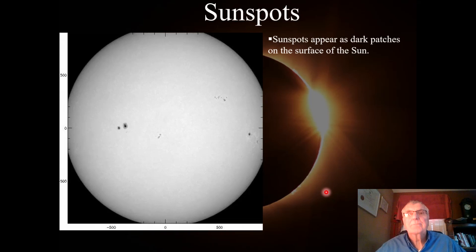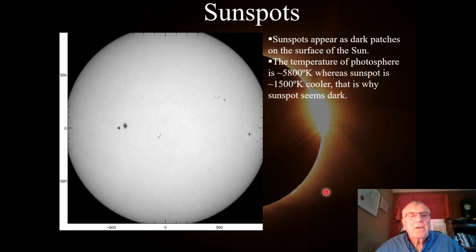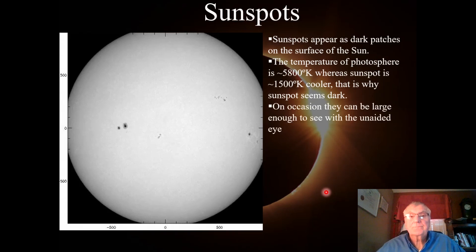The other thing I want to point out is sunspots. Okay, these are these dark spots that appear on the sun due to magnetic anomalies. Won't go into the details, but they are cooler spots on the sun. If you can call 1500 degrees cool, but the sun is 5800, and so by contrast, they look dark.